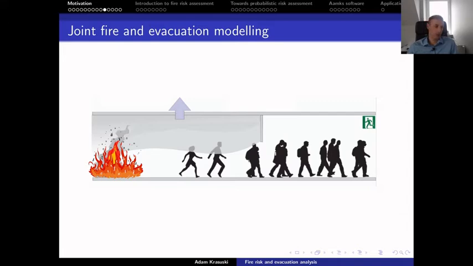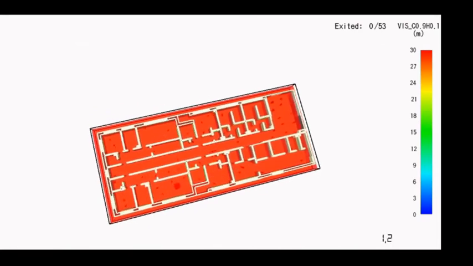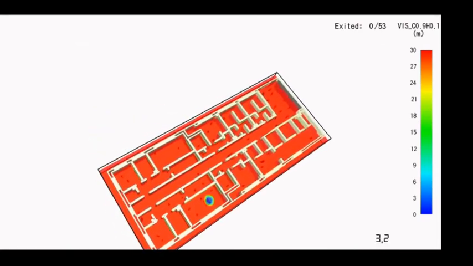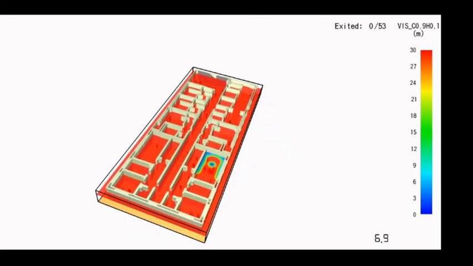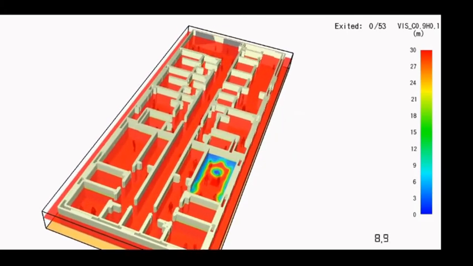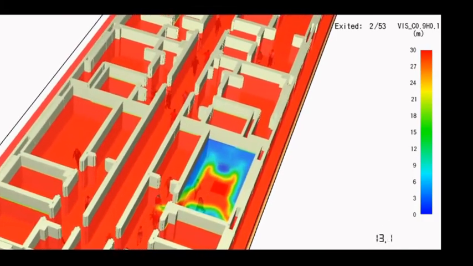And here we have an example. This is an FDS simulation together with a Pathfinder simulation. Here we can observe the people, and here we have the critical value of the visibility.